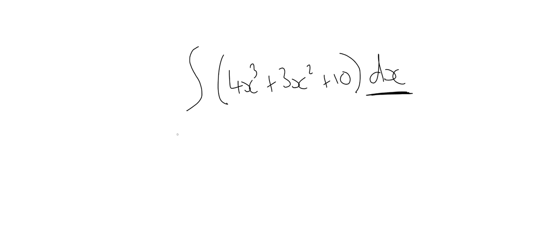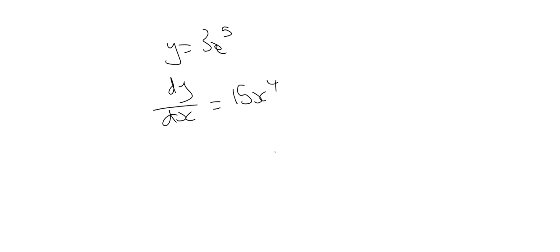Now, I also want to show you something like this. We've been writing things like y equals 3x to the power of 5, and then dy/dx is 15x to the 4th. There is another way that you could write this.